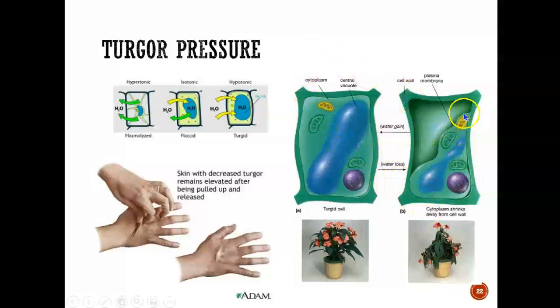The last thing to talk about is something called turgor pressure. I talked to you about this in the last slide, but when you have a plant cell, and I can tell this is a plant cell because it has a rigid cell wall, when the plant cell's central vacuole is lower in water, then the pressure against the inside of this structure isn't there. And you can see here that the plant can't support its own weight. You can tell if you're dehydrated because your cells have something similar.